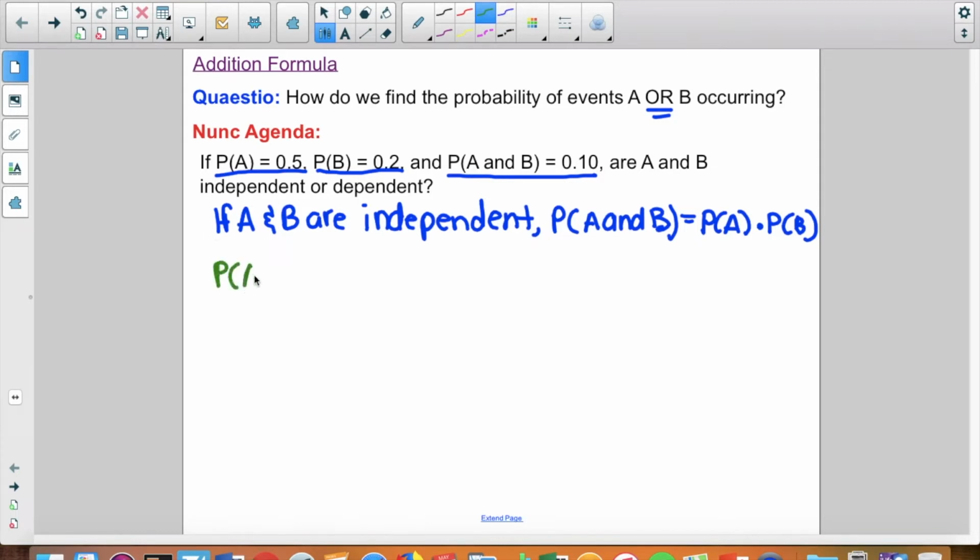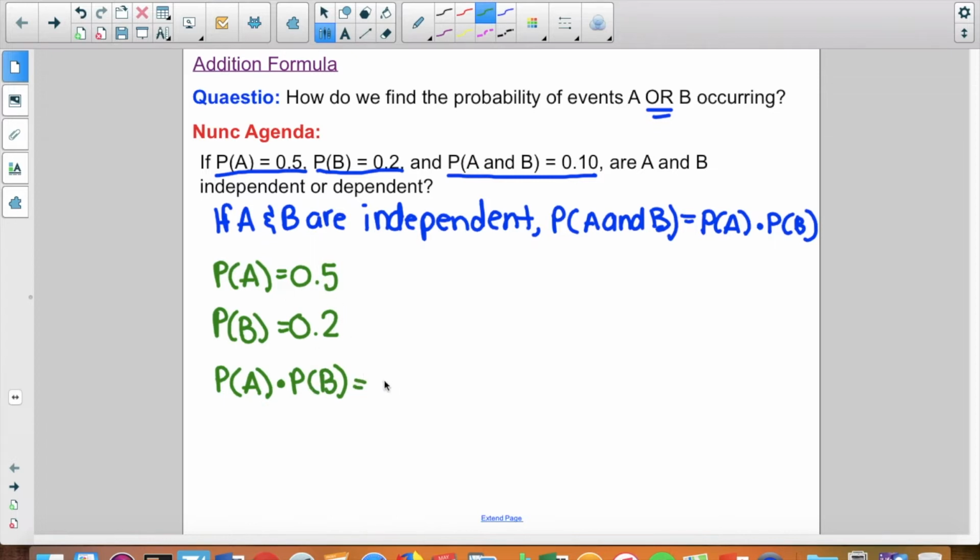We know that the probability of A is equal to 0.5. We know the probability of B is equal to 0.2 because that's given to us from the question.